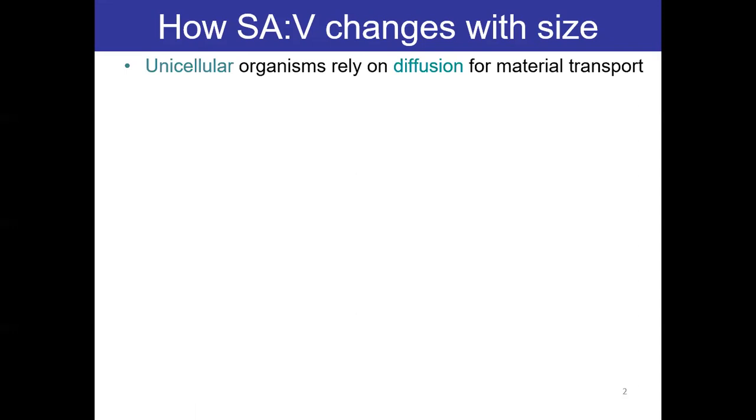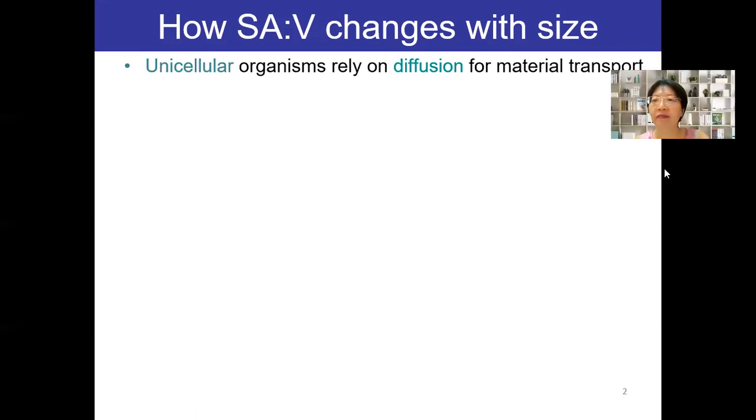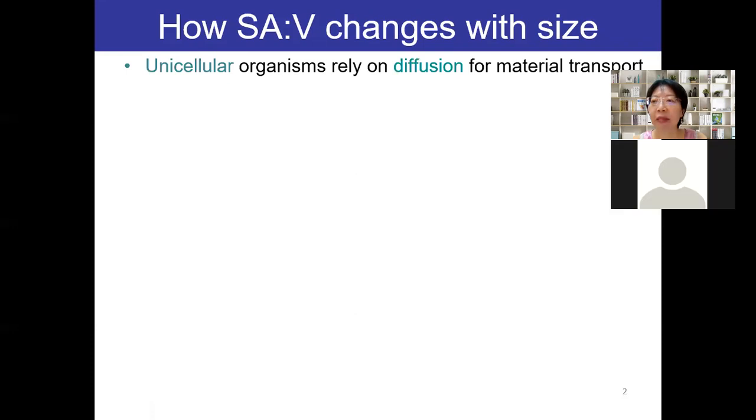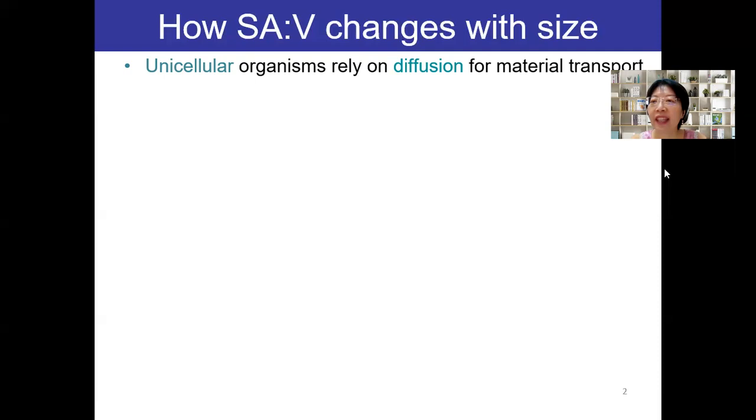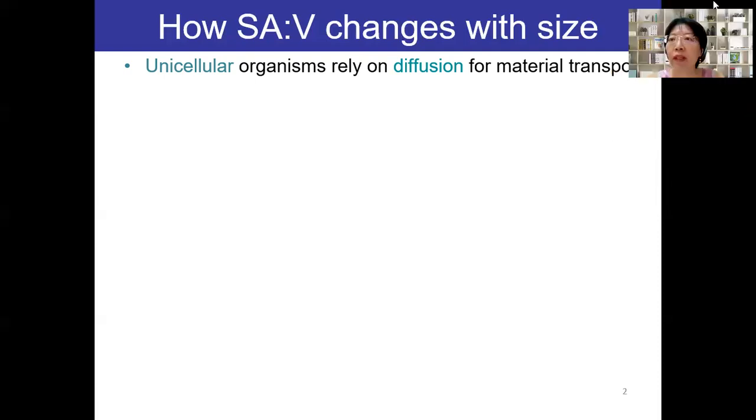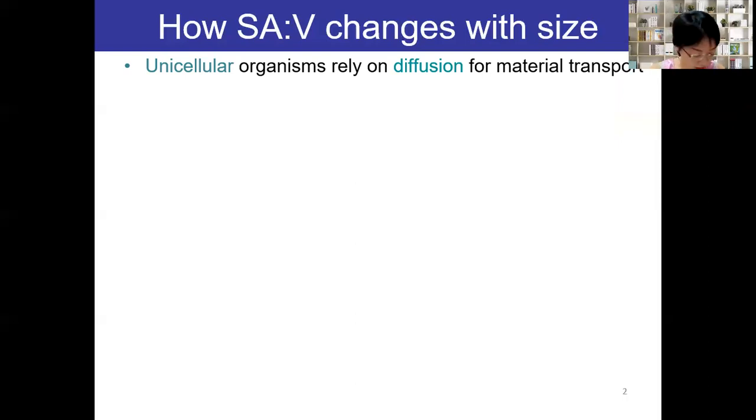Xi Xian. Amoeba. Amoeba, good. What else? Hei Wen. Hei Wen's not here, I think.